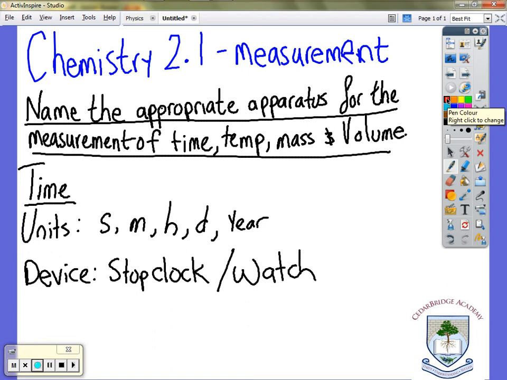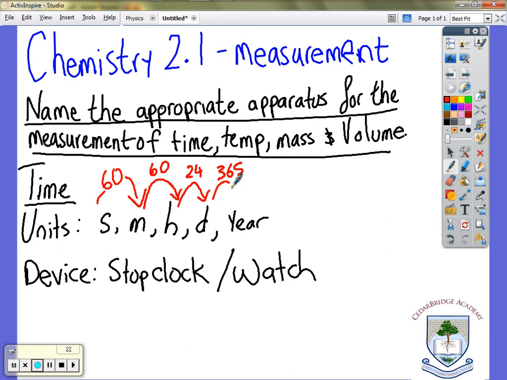And of course there are 60 seconds in 1 minute, 60 minutes in 1 hour, 24 hours in 1 day, and 360. You should know this, but gotta point it out every time. So that's for your measurement of time.